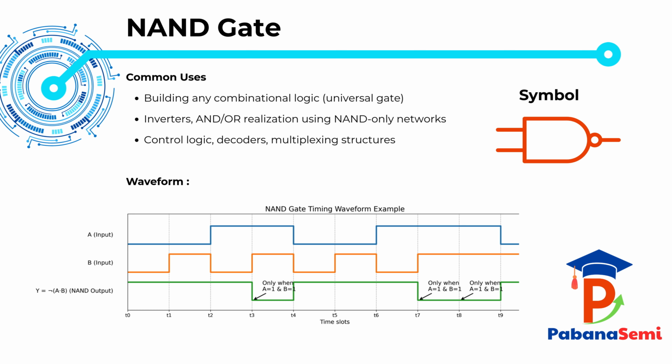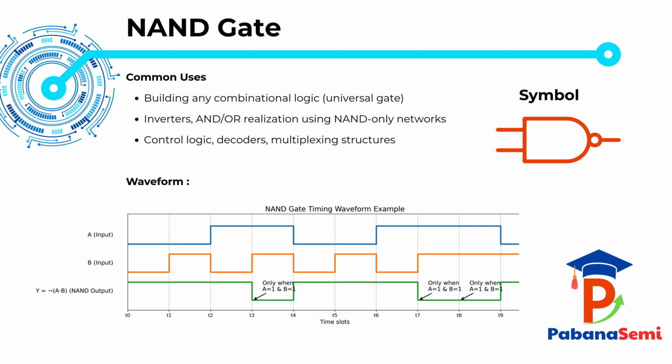That's why NAND gates are heavily used in CMOS logic and standard cell libraries. Second, NAND gates are commonly used to implement inverters and AND/OR logic, using NAND-only networks. Designers often use NAND structures to optimize area, speed, and power depending on the technology.